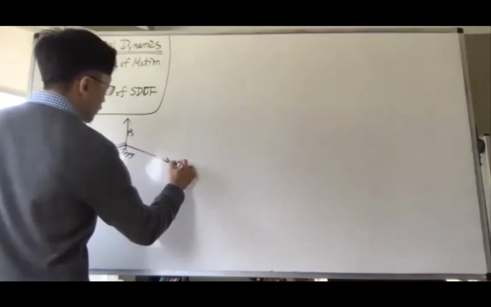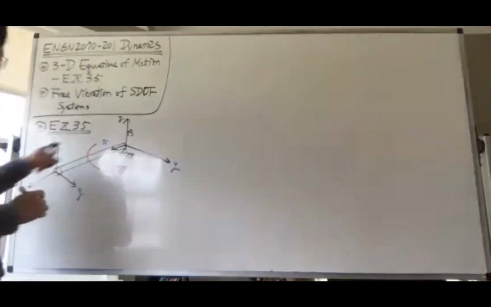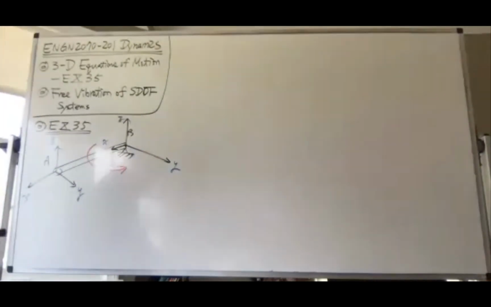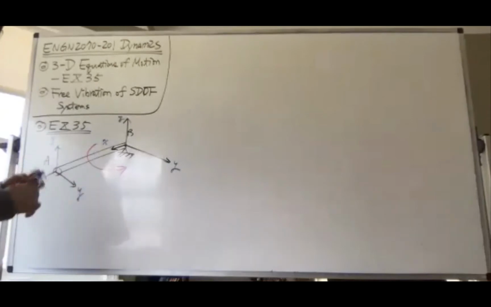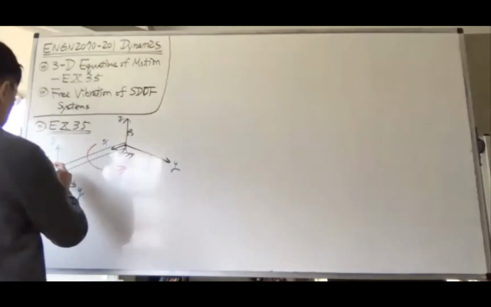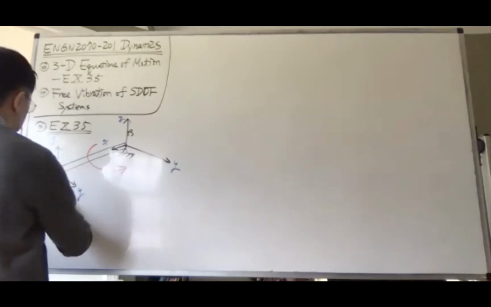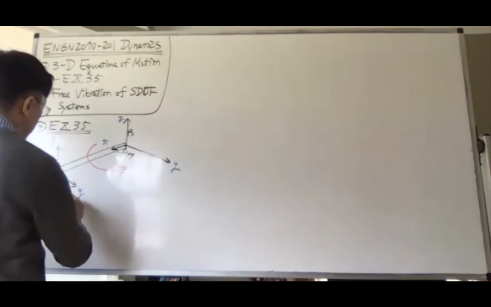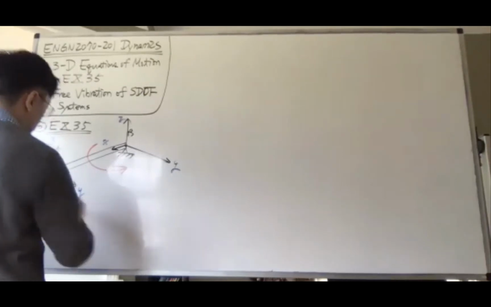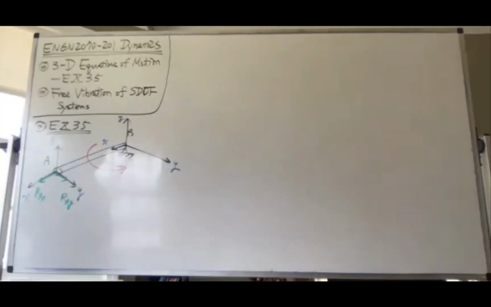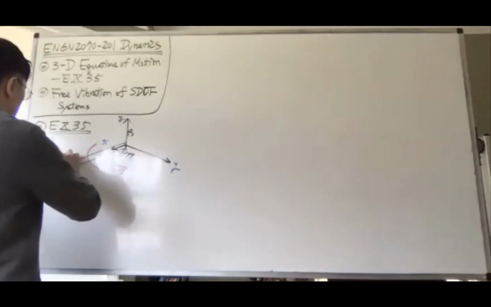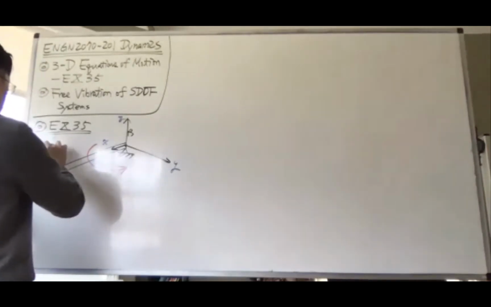Same thing for point A and point B. Then what we are looking for is essentially reaction forces at A and B. And if we define those by following the positive direction, so this is going to be RAX. I know it may look a little bit messy, but just to make sure that we don't leave any force out of our consideration.